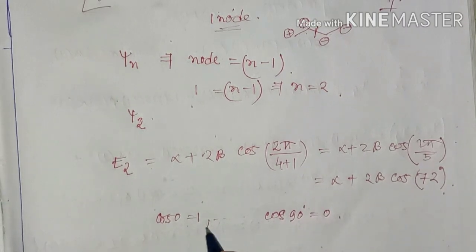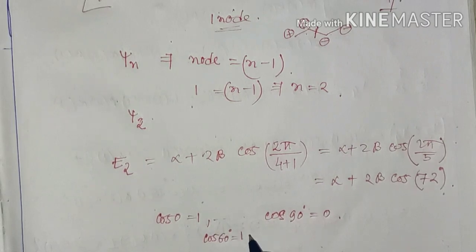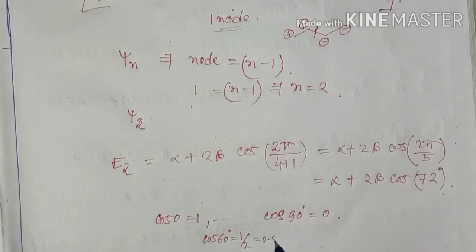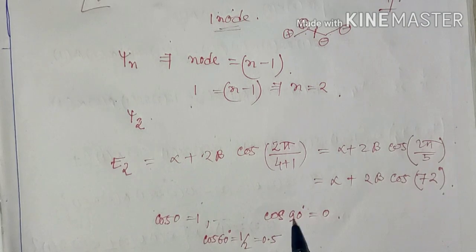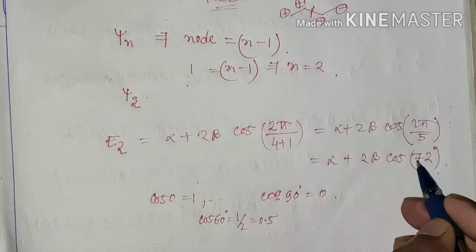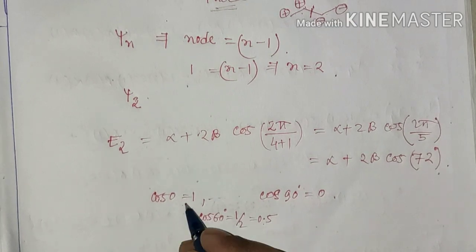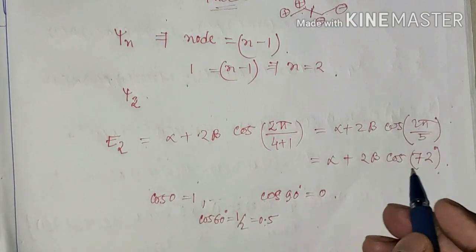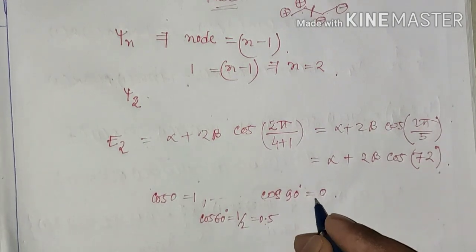In between these two values, we also know the value of cos 60 degree. Cos 60 is equal to 1 by 2, that means 0.5, and it is decreasing from cos 0 to cos 90. Now we have to put the value of cos 72. Since cos 60 is 0.5 and the value is decreasing, the value of cos 72 will be less than 0.5 and greater than 0.